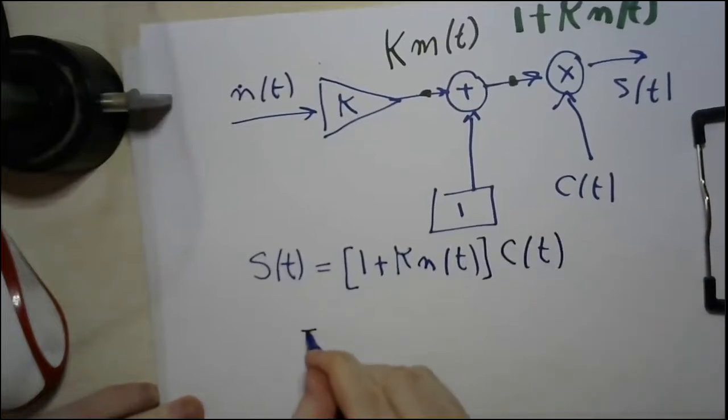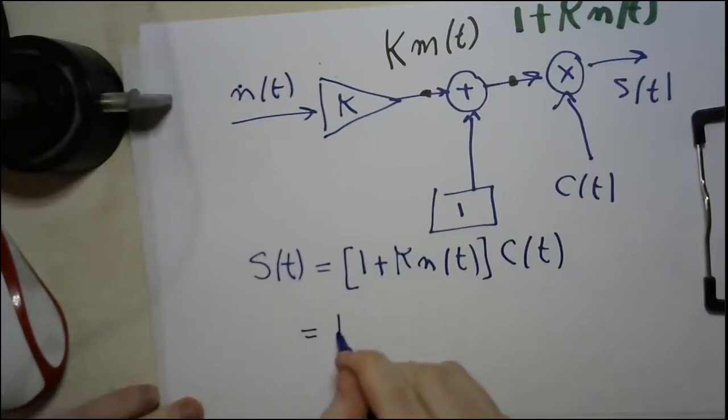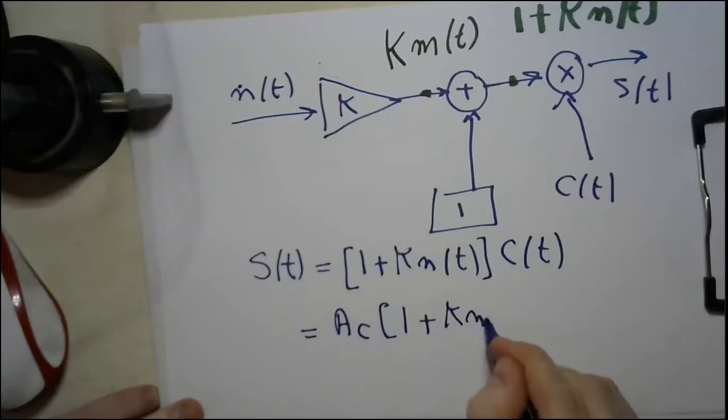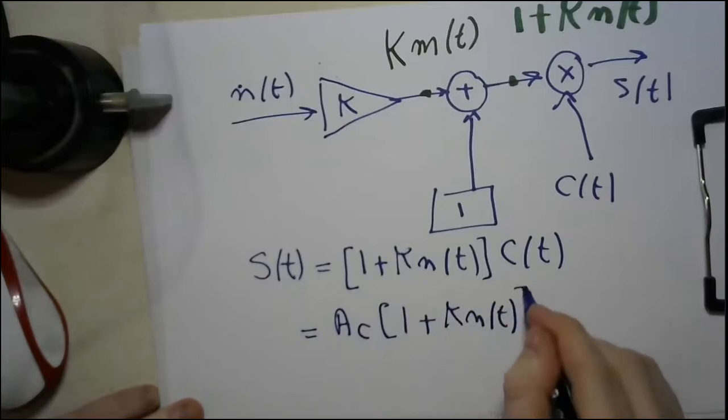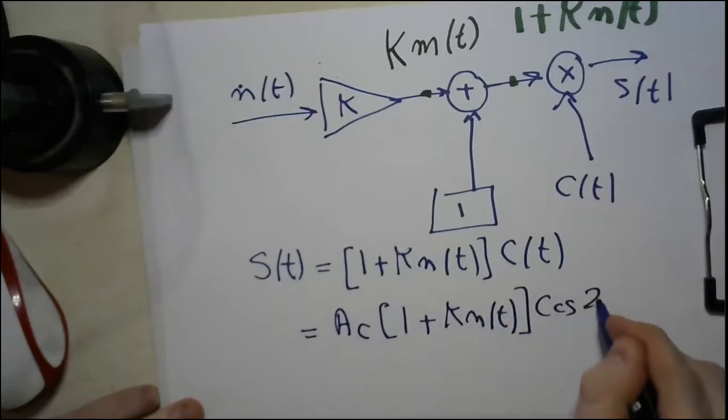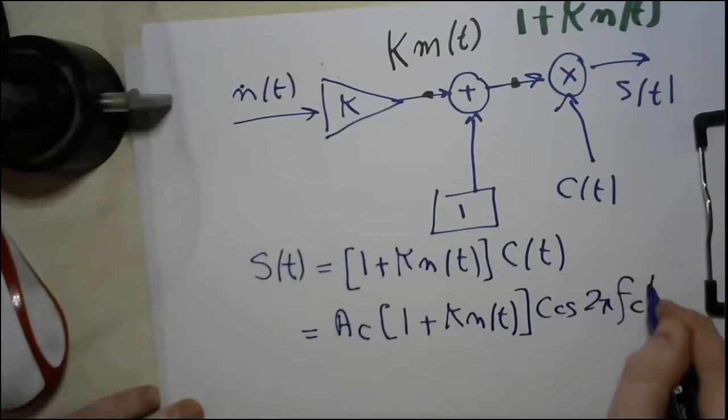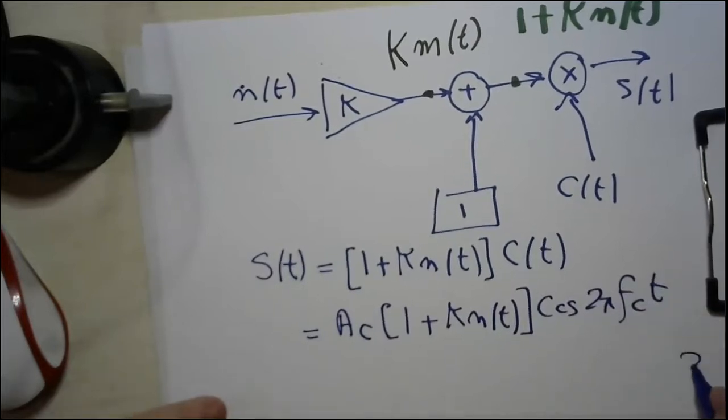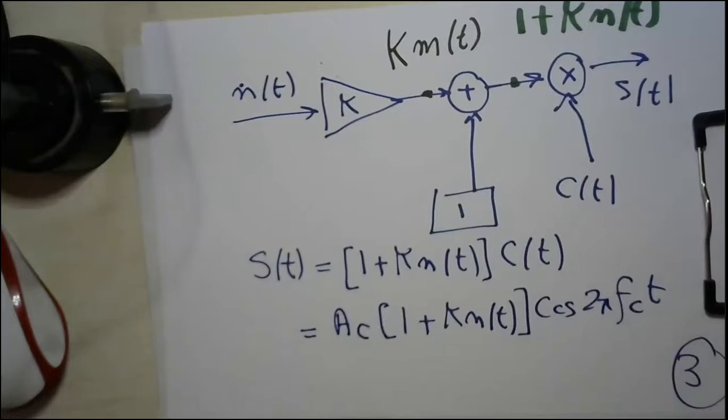Of course, you know c(t) is a unit-amplitude carrier, so you can make it Ac. So s(t) equals Ac times 1 plus k m(t), times cosine 2 pi fct. This is a general expression for s(t) for any m(t).